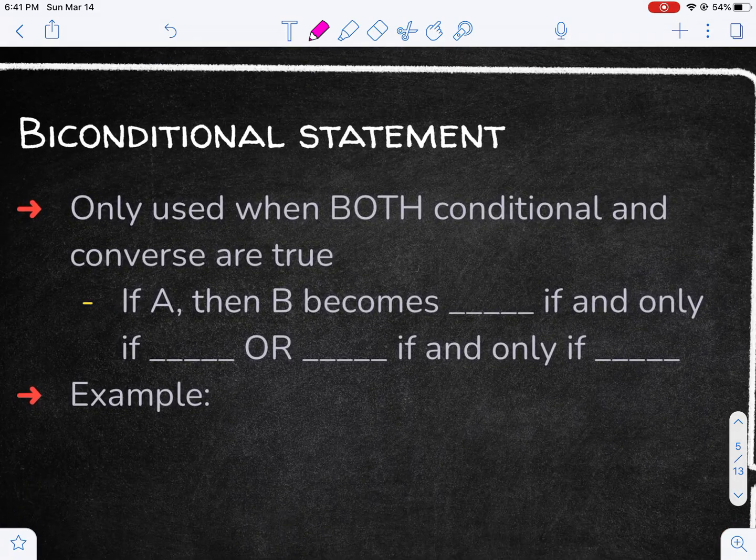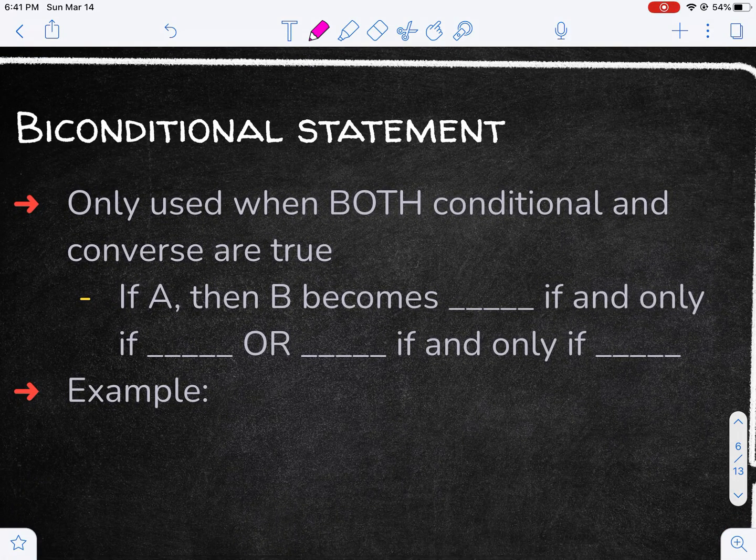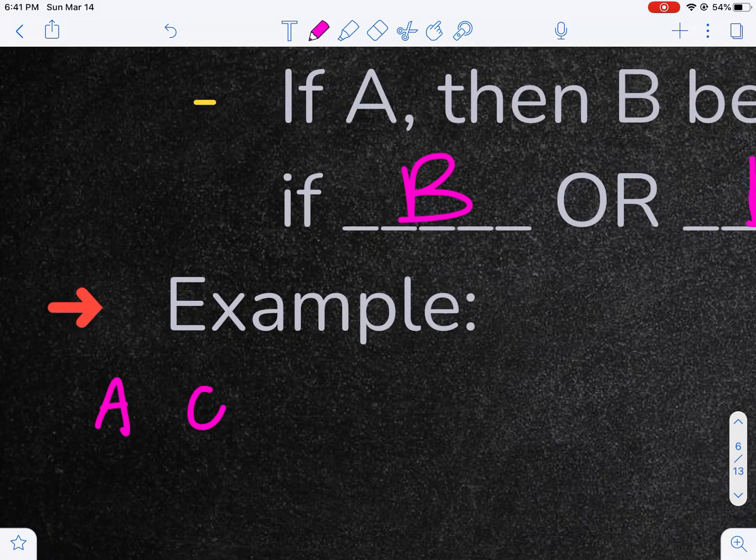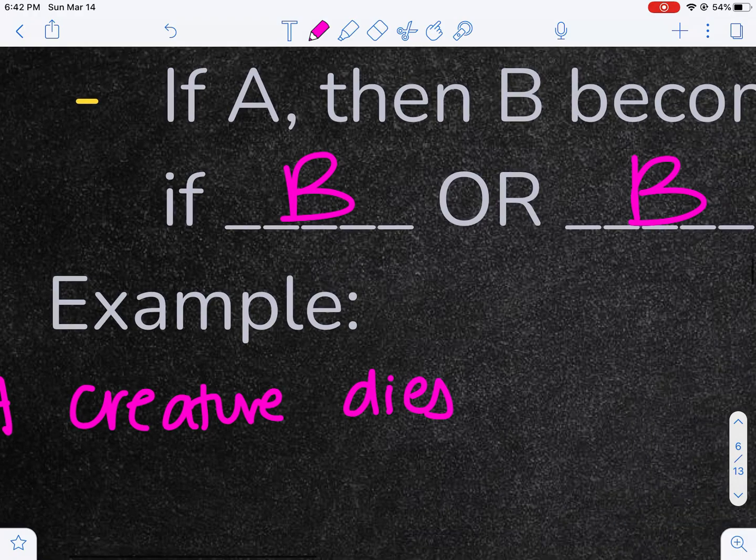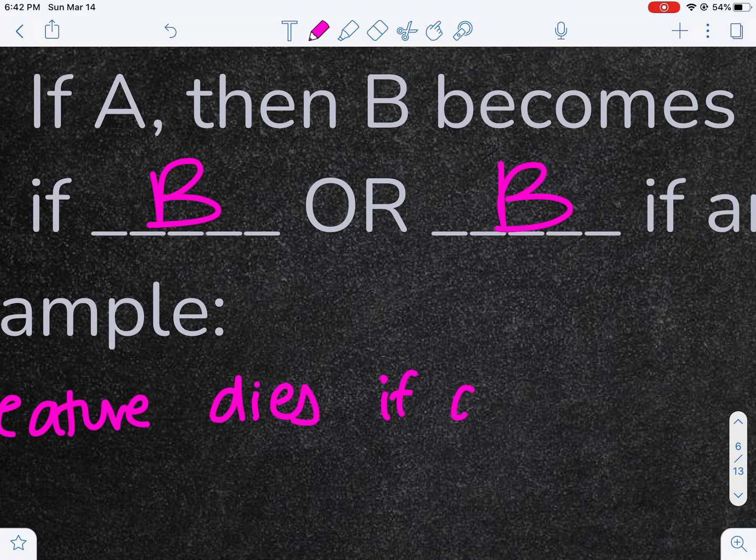If I have a situation, though, where both the conditional and converse are true, I can write it as a biconditional, and I get A if and only if B, or I could have B if and only if A. So I could write a creature dies if and only if it drank water.